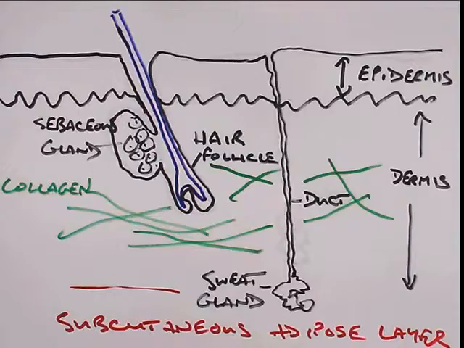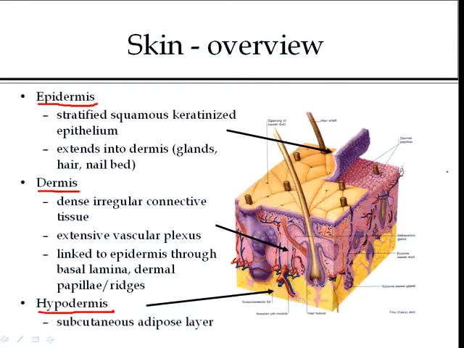Okay. So, if we go back to the PC image, the other things that you'll see, the key features that are referred to here in this overview: the epidermis is a stratified squamous keratinized epithelium, and as we've shown in the drawing, extends into the dermis as those glands, also as nails, are derived from epidermis.